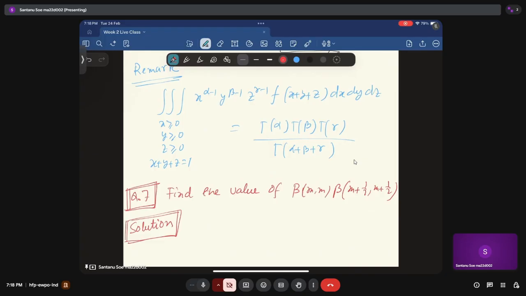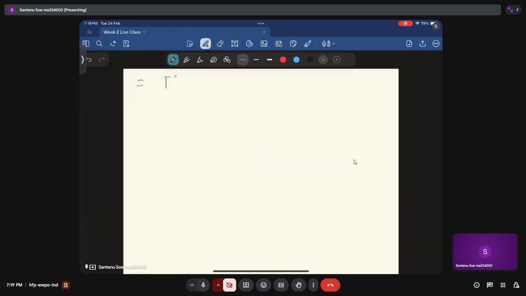So now try to see that beta of m comma m is gamma m square divided by gamma of 2m, and beta of m plus 1/2 comma m plus 1/2 is gamma of m plus 1/2 square divided by gamma of 2m plus 1, which is the same as gamma of m plus 1/2 square divided by 2m gamma of 2m.